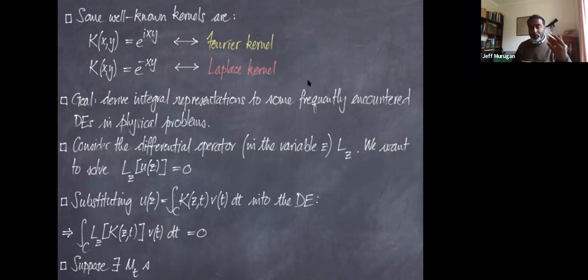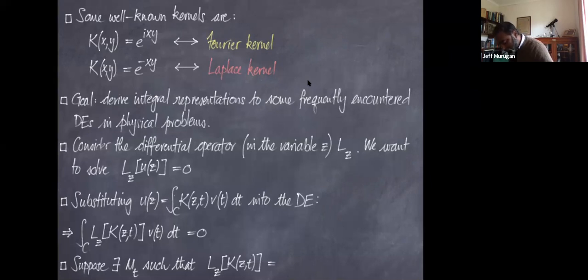M_t is going to be a differential operator in t. And I'm going to define this M_t such that the following is true: L_z acting on K of z, t is the same thing as M_t acting on K of z and t. So suppose I can find such an operator.